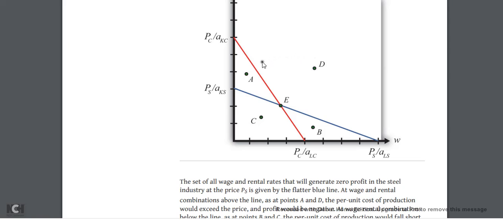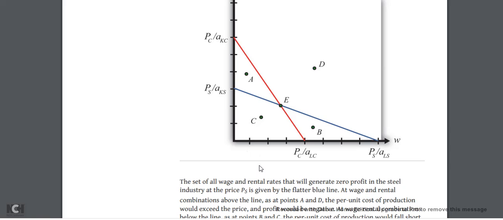And if the industry takes up the production below this line, A or C, if the firm wants to produce cotton, it can take A and C, and these 2 points represent the production of these two commodities, where the firm will be producing with a lower cost of production, so profit is more.